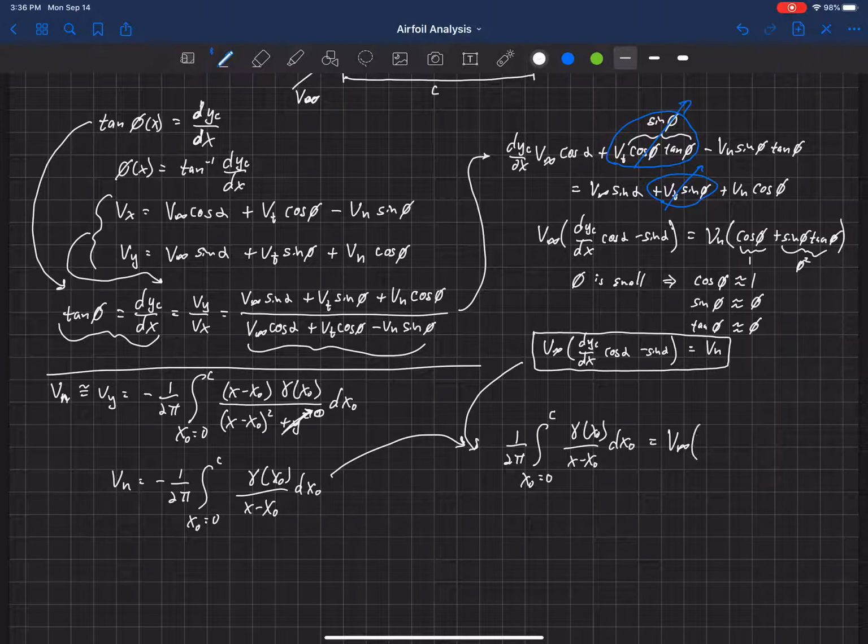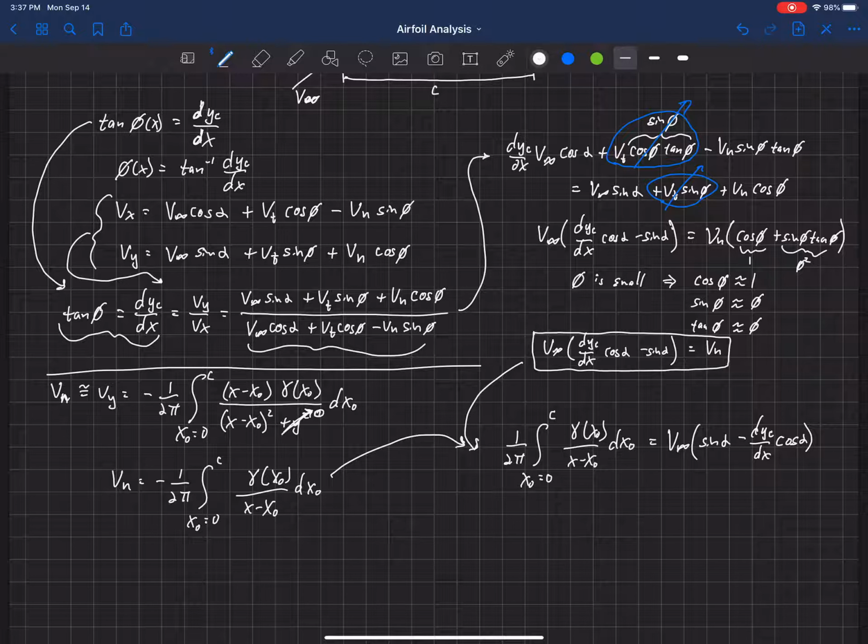Now I flipped the sign on Vn, so I'm going to flip the order of the things inside the parentheses here. So V infinity times sine alpha minus dyc/dx times the cosine of alpha.